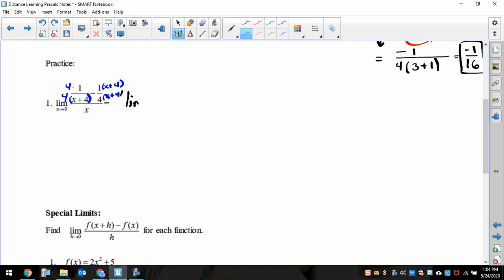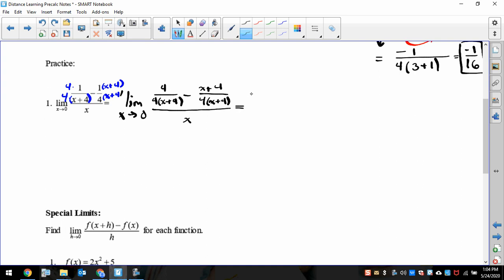So let's just write limit as x goes to 0. This fraction is going to be a 4 over 4x plus 4. And this one's going to be an x plus 4 in the numerator over a 4x plus 4 in the denominator, all over x. And now we have a common denominator, so we can combine the numerators.